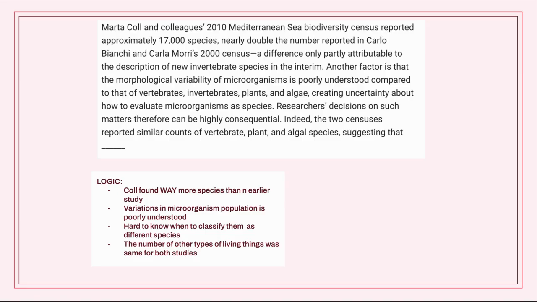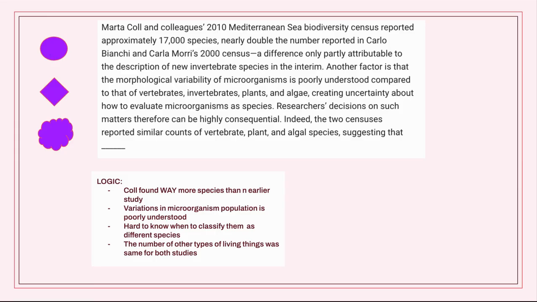Cole probably saw small differences in the population and was like, okay, this is a new species. To illustrate, let's say both of these groups of researchers found this out in the sea. Bianchi and Mori probably looked at this and saw, okay, they're all purple, so let's count all of these as one species. But Cole and her colleagues probably saw this and were like, yeah, they're all purple, but they all have a different shape, so I'm going to say this is 3 different species.